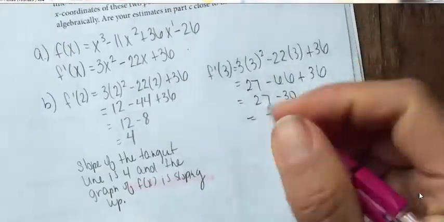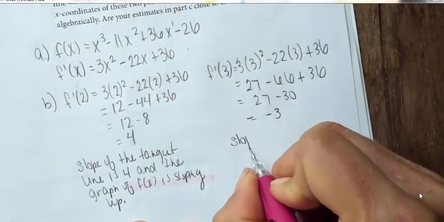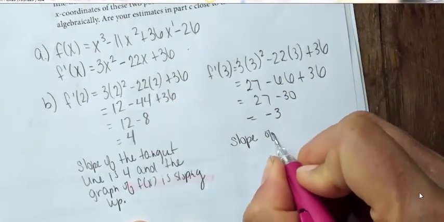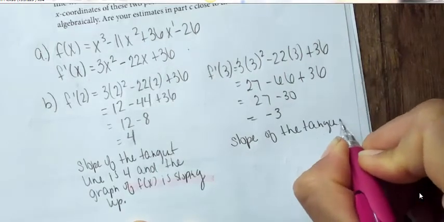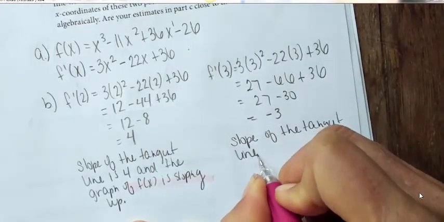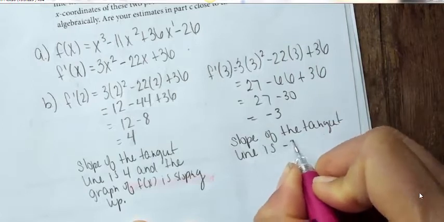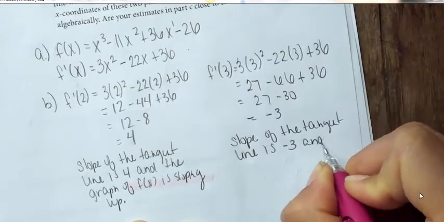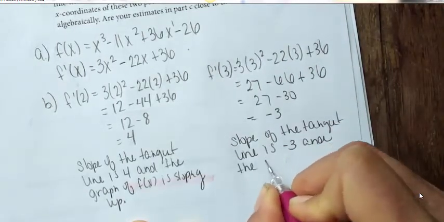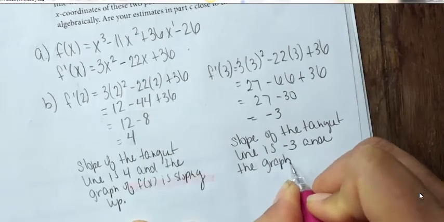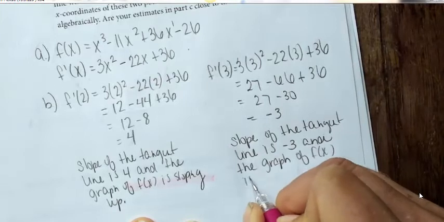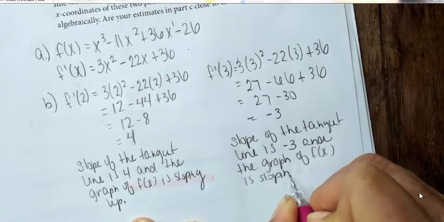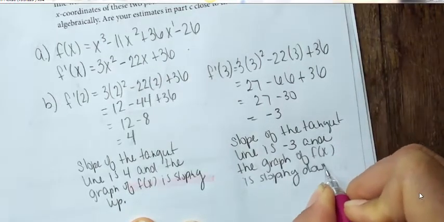So here, we'll write the same type of argument. Slope of the tangent line is negative 3, and the graph of f of x is sloping down.